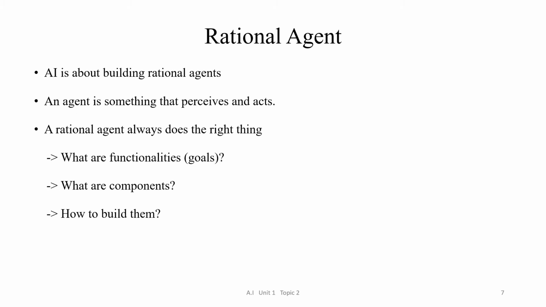But a rational agent always does the right thing. For that, we need to understand what the goals of a rational agent are, what components are needed, and how to build them. The entire syllabus revolves around these three questions.